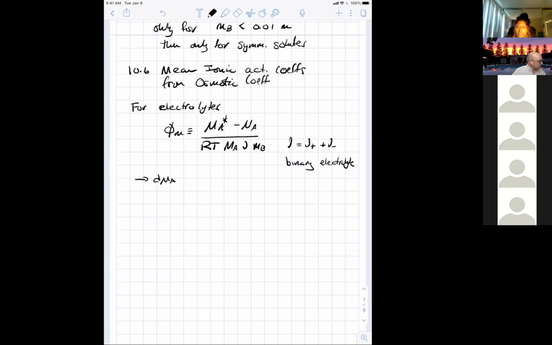I think I made a little bit of a mistake here. Yeah, I did. Okay. So if you follow through the derivation that we did last time as applied to this electrolyte equation, really the major change is the introduction of counting the number of particles here, the number of ions.